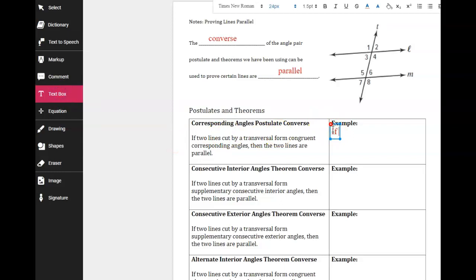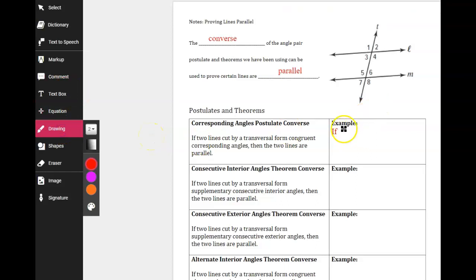that if we have, let's pick a pair of corresponding angles. Let's make a drawing tool. There we go. Let's say angle 1 is congruent to its corresponding angle, which would be angle 5.